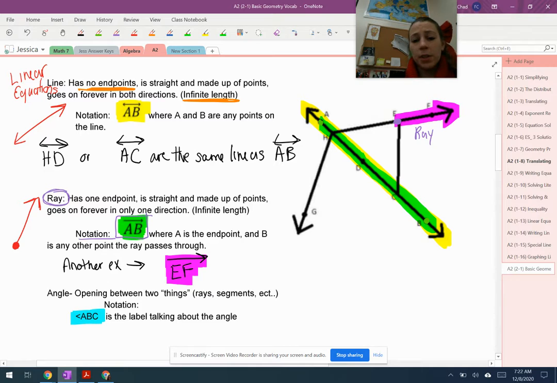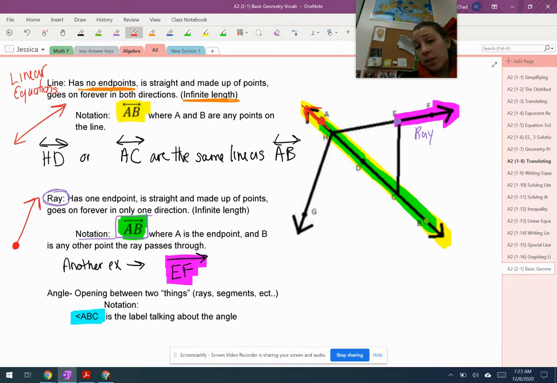Orange will be ugly. So angle, let's use red pen. There we go. So angle ABC is right here. A, where's B? B, that doesn't work. That's not an angle.